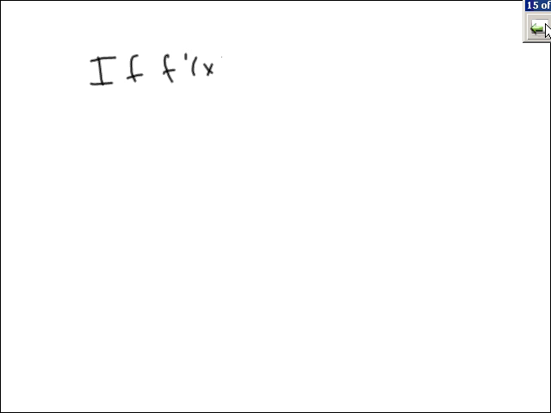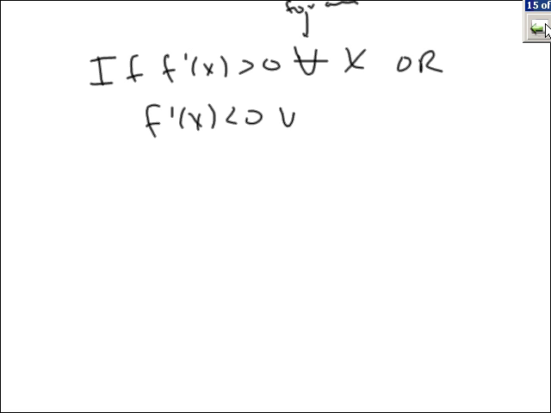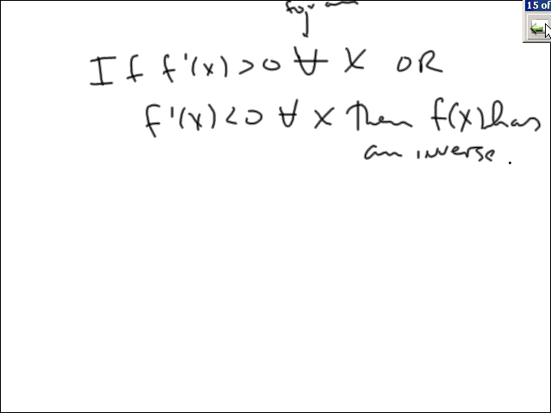If f prime of x is greater than 0, that's the symbol for all. That means for all x, or f prime of x is less than 0 for all x, then f of x has an inverse.